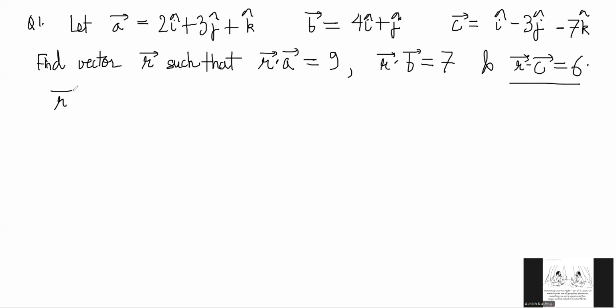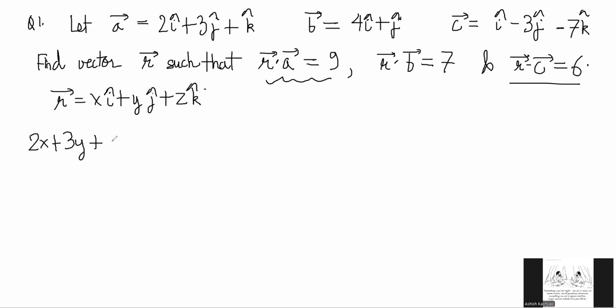You can say R vector can be written as xi plus yj plus zk. And all you have to do is find out x, y, and z. So R dot A is 9 gives us an equation 2x plus 3y plus z is equal to 9.